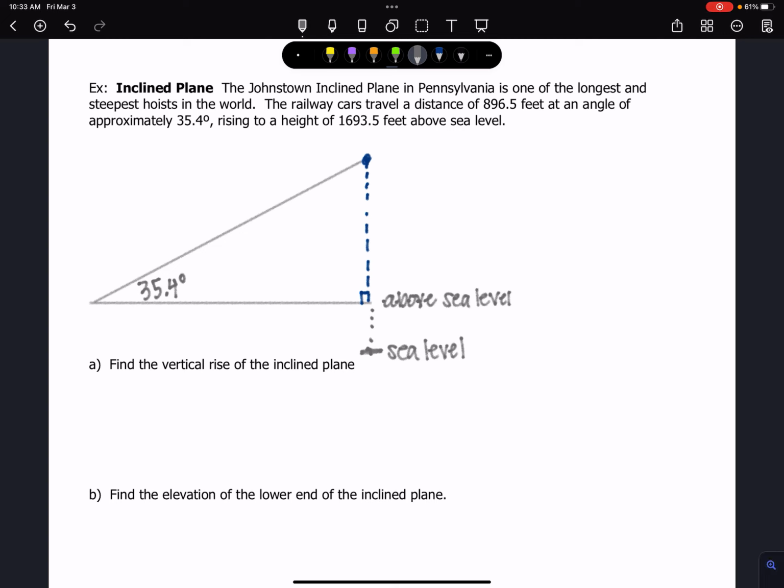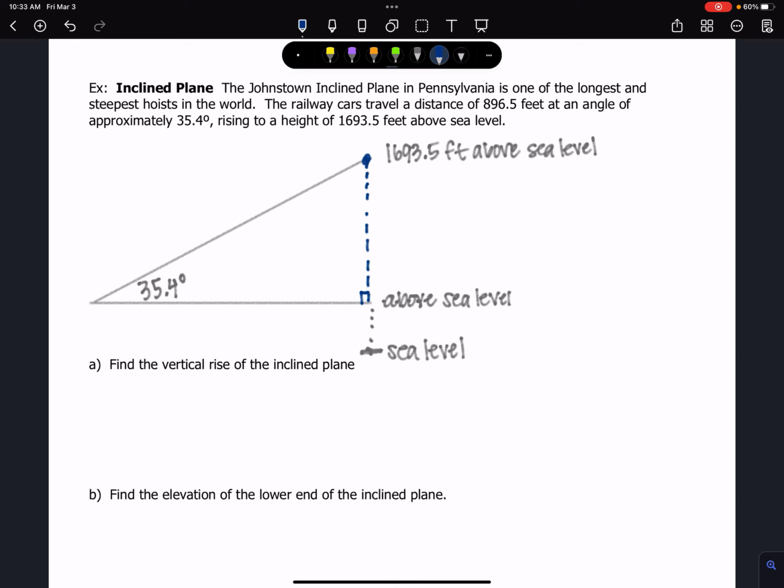And specifically, when these cars get to the top, they're going to be 1,693.5 feet above sea level. So that 1,693.5 feet is not only the height of this incline, but it also includes the distance from sea level to the ground.